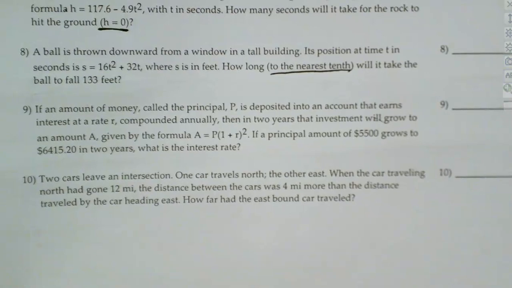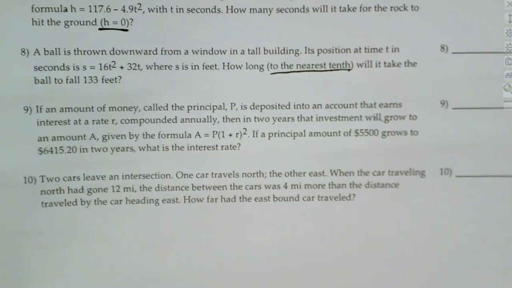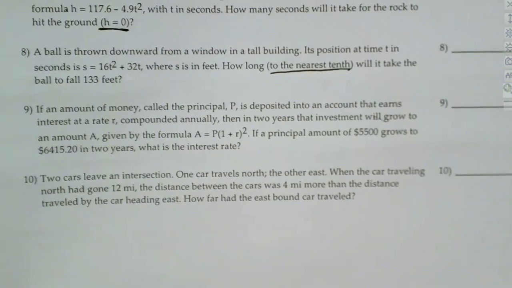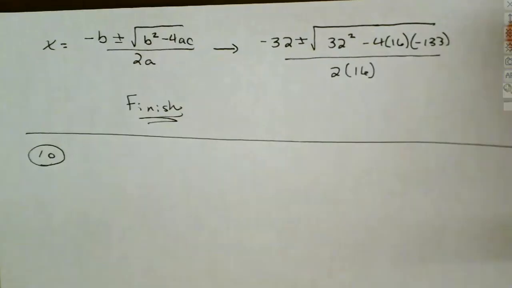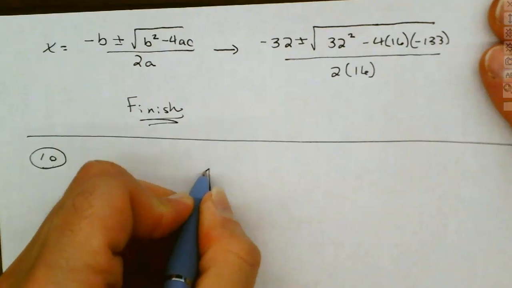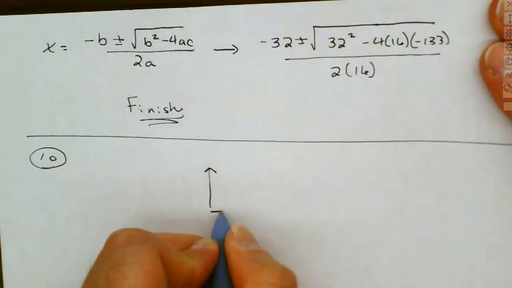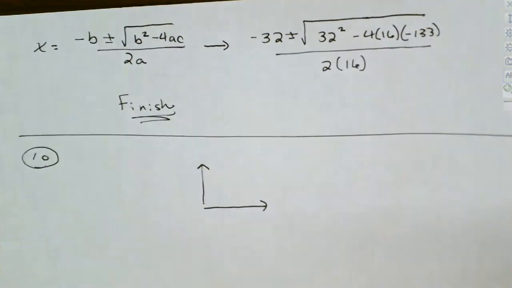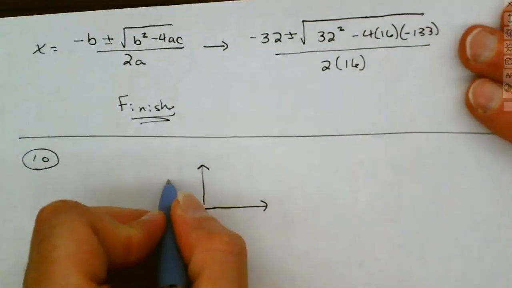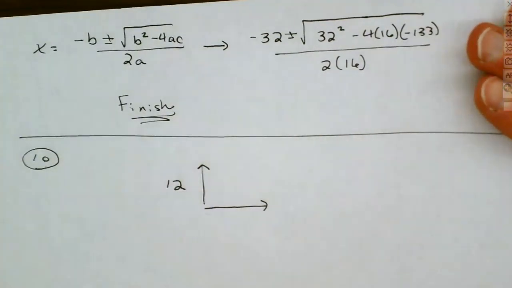So what we have is we've got 2 cars. We've got one heading north and one heading east. And so what do we know about these cars? When the car traveling north had gone 12 miles, so that means this is 12 here.